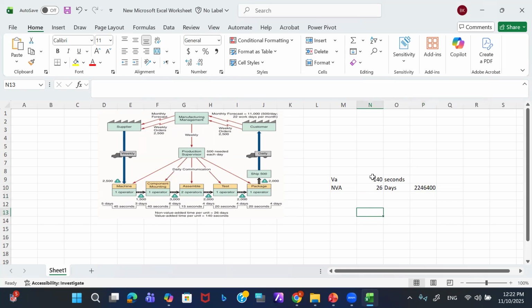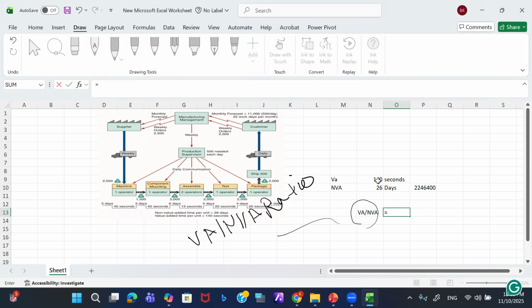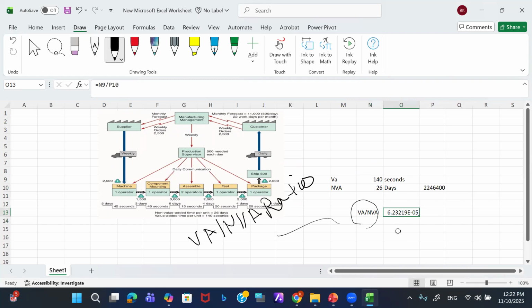So now I put here value added to non-value added ratio. This is called value added to non-value added ratio. Okay, so this is equal to this divided by this. Usually it's given as 0.0006, but usually it's 1 over something.